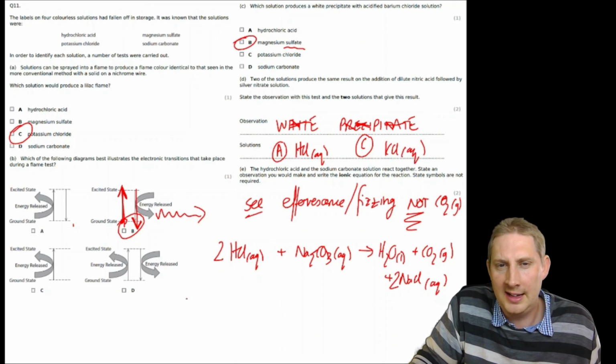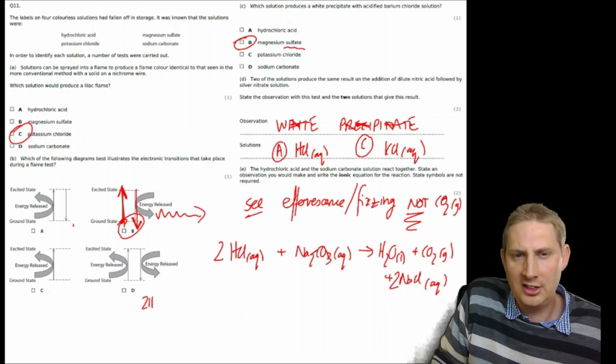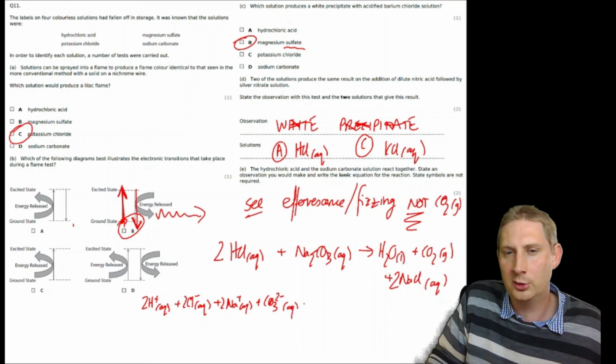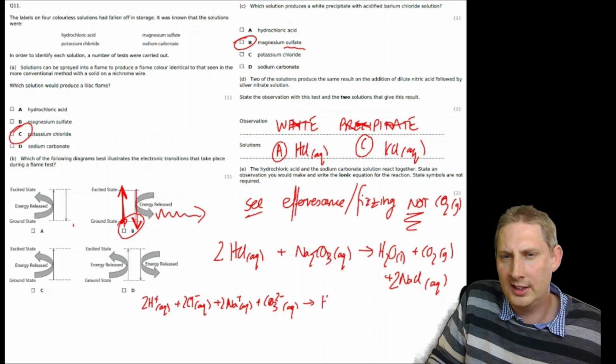So splitting that into ions, 2H+ aqueous plus 2Cl- aqueous plus 2Na+ aqueous plus CO3 2- aqueous. They're all ionic, they're all aqueous, they all split up. Water does not, it's covalent.